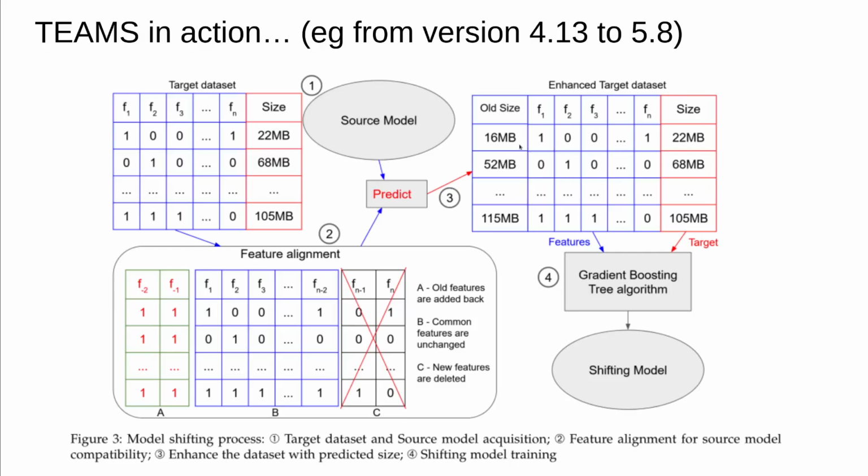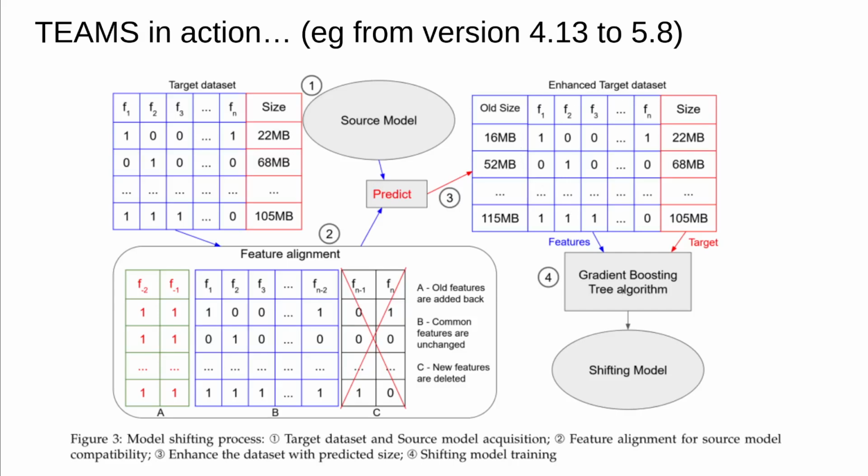We predict the size of the configuration. Of course, the prediction is certainly inaccurate because it is not suited for the version we tackle. But we can augment the dataset with useful information, and then the challenge is to learn the transfer function between the old size and the targeted size.